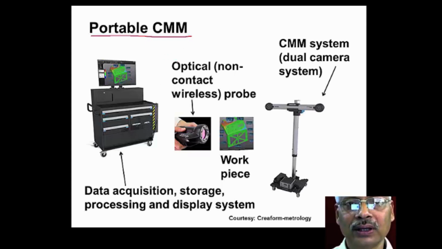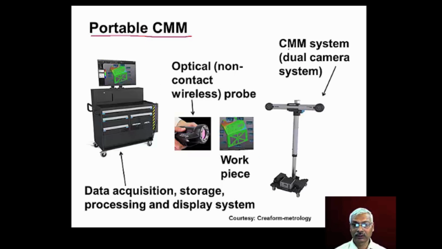Sometimes the workpiece cannot be moved to the table of the CMM, that means we have a very huge workpiece, a very huge casting which cannot be placed onto the table of the CMM. In that case, the CMM itself is moved to the part, and then it is called a portable CMM. In this illustration we can see the various elements of a portable CMM.